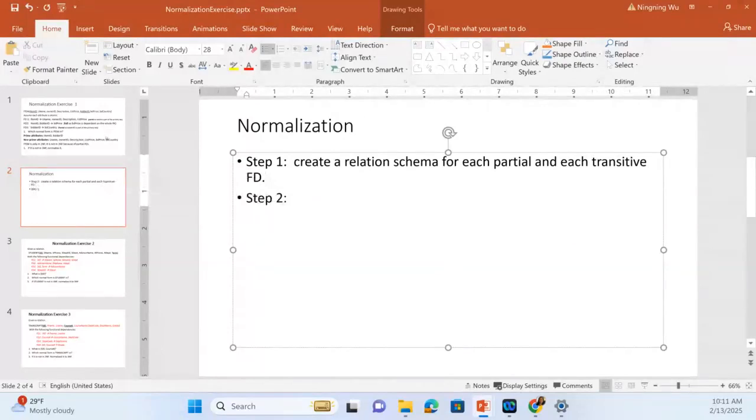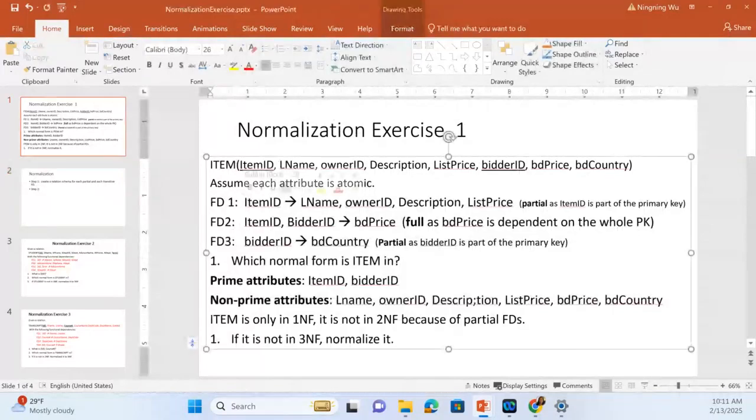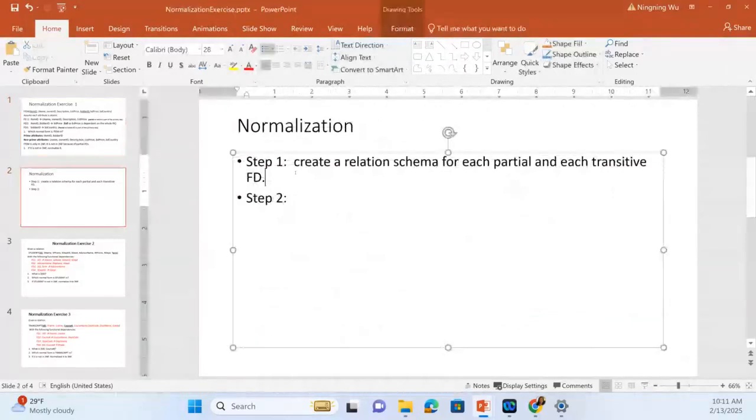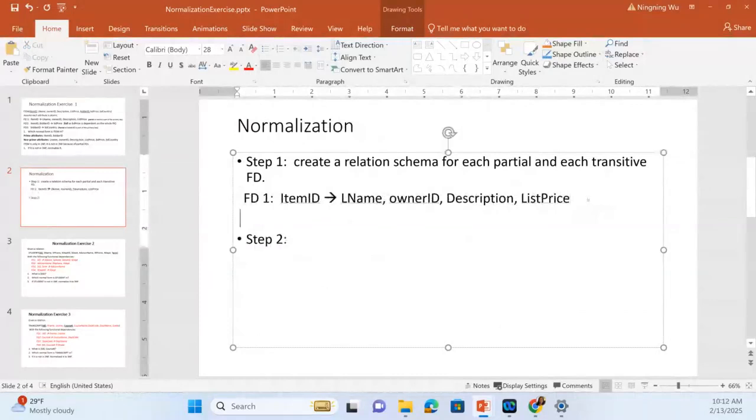So then we go back to this one to identify what are the partial. We have two partial, okay? So the FD1 is one. When we create a relation schema, we solely base it on this partial. So for the FD1, the partial, we need to create a relation schema just using the attributes in the partial. So maybe I do the item info.